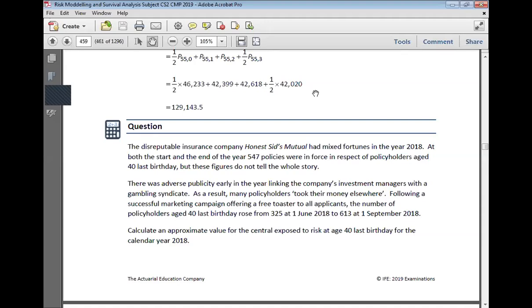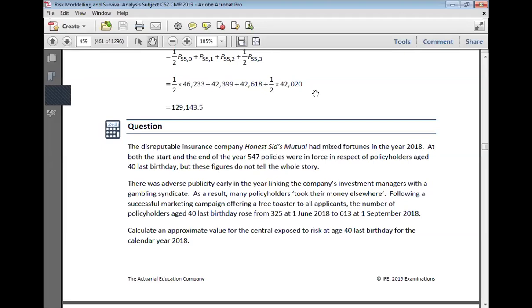So ideally, if we were looking at only the initial exposed to risk for the whole year 2018, we would have just said that 547 is our exposed to risk, right? These are the number of lives that we are observing. But as we know, that is not the whole story. There have been some fluctuations. So even before doing this calculation, what do you guys think?